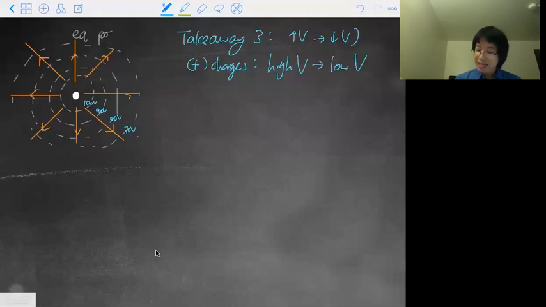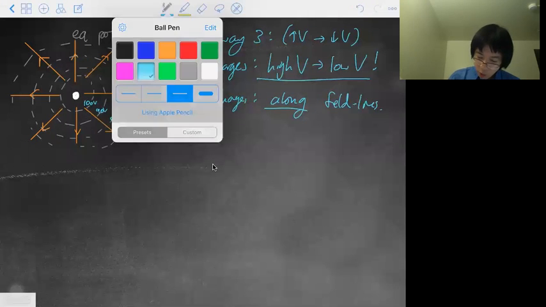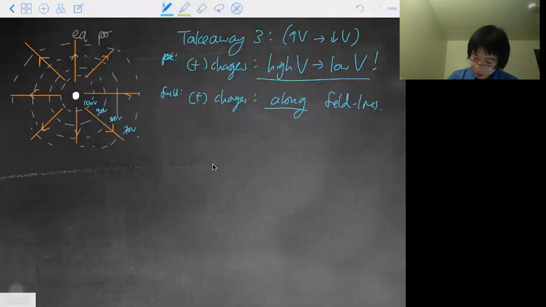Okay. So this is the potential perspective. You can have the field perspective where positive charges would go along the field lines, right? It will move along the field lines. So you can think of it in terms of the potential picture or the field lines picture.